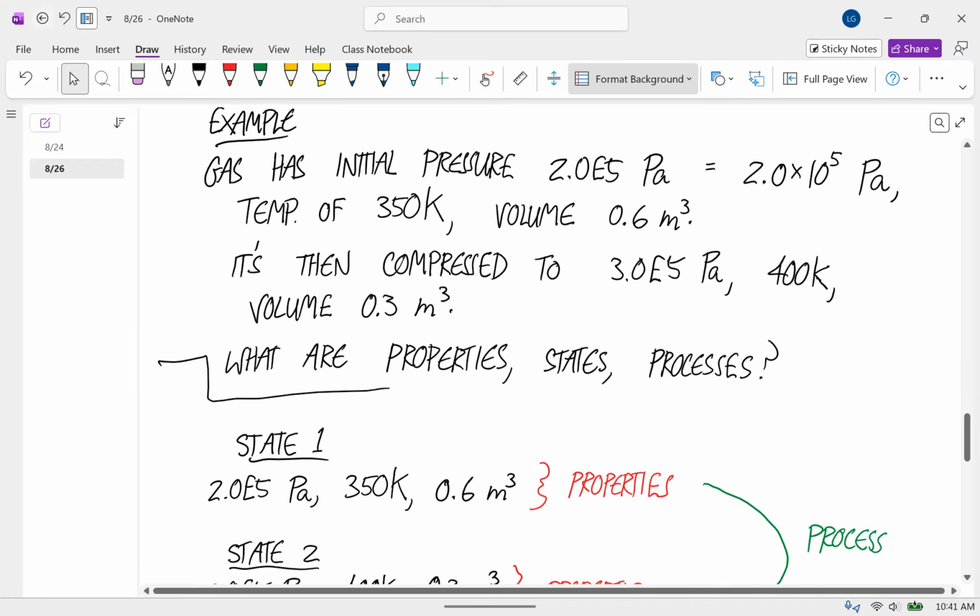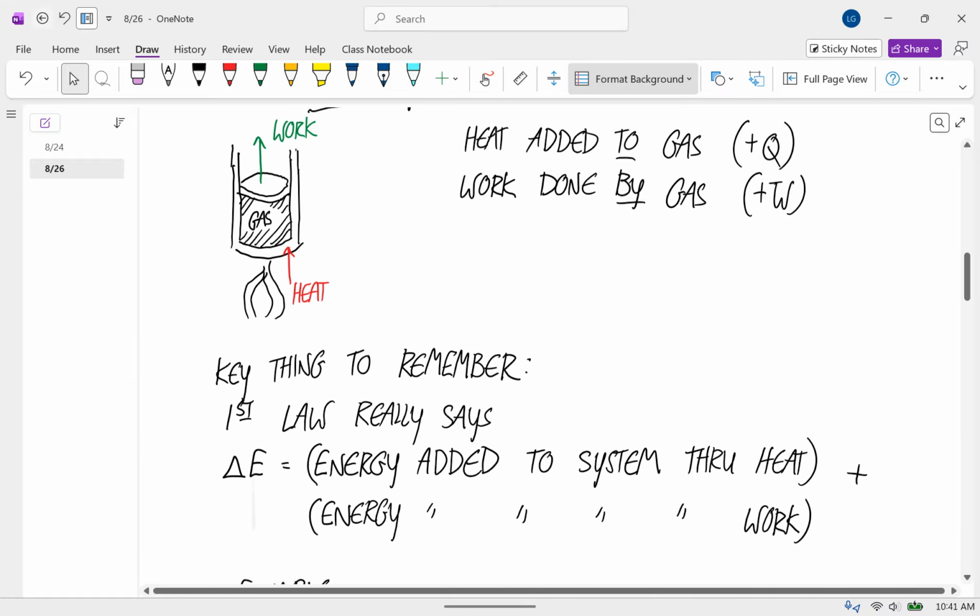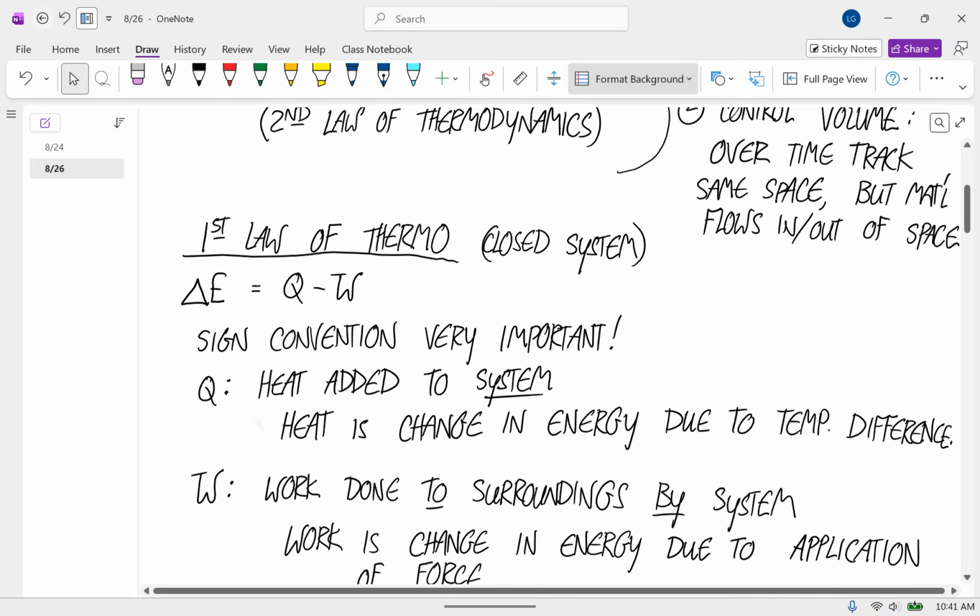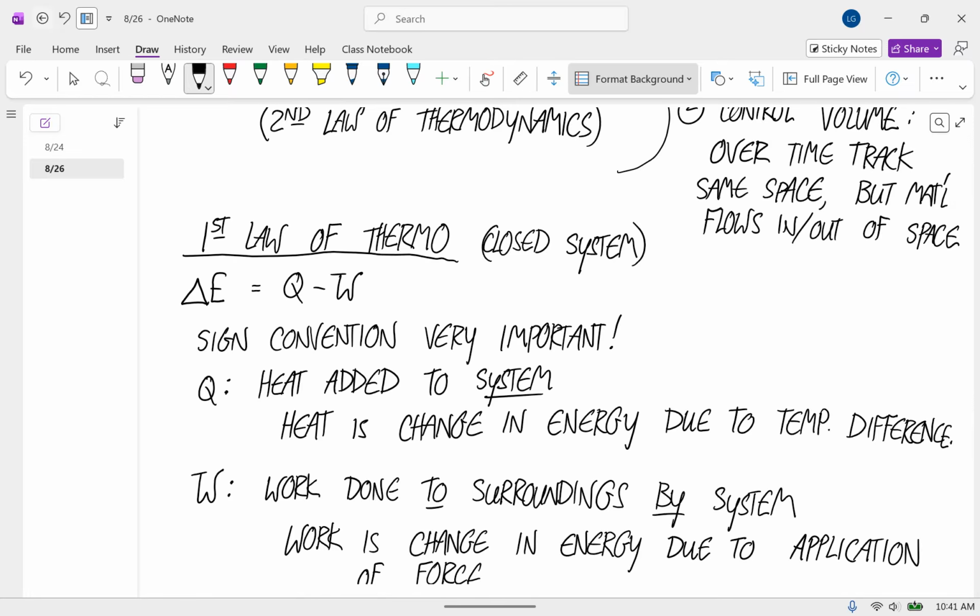And if you go back to the first law of thermodynamics that I wrote up here, all of these are extensive properties. Well, I guess these are not really properties, but they do depend on the amount of material you're looking at. E, though, is the total energy in your system, and that is an extensive property, and that's why we're using a capital letter there.